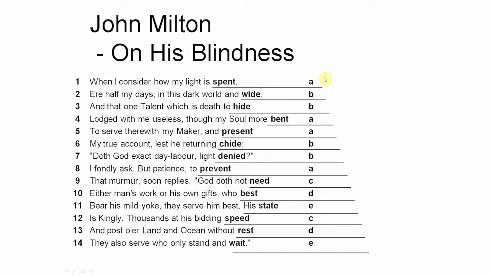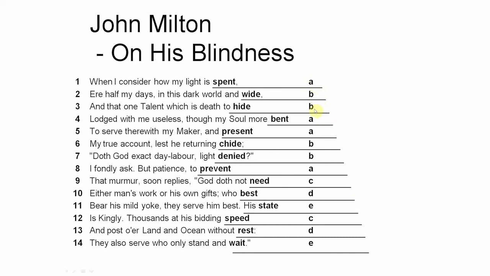Spent A, wide B, hide B, bent A, present A, chide B, denied B, prevent A, need C, best D, state E, speed C, rest D, wait E. The first line rhymes with the fourth line, the second line rhymes with the third line.